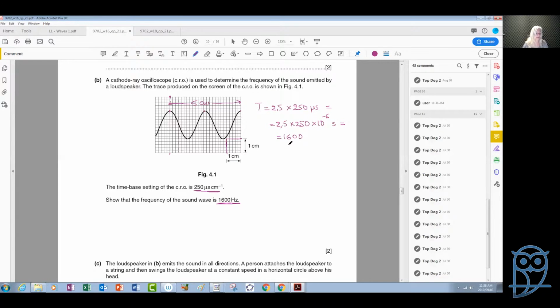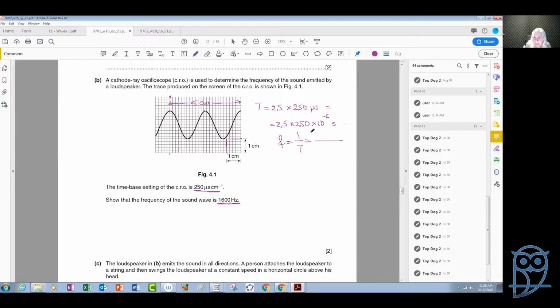Sorry, this would be seconds, we're looking for frequency. All right, so this is the period. The frequency is the inverse of the period, isn't it? The frequency is 1 over period.